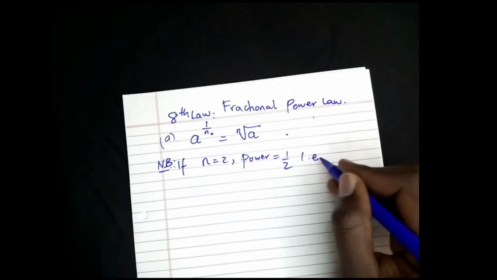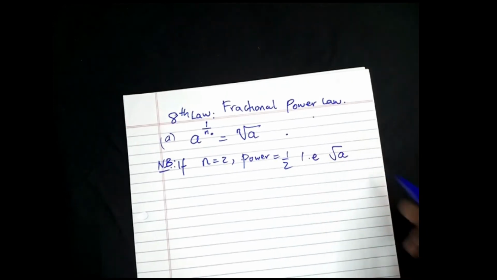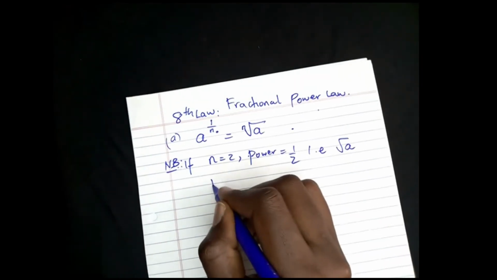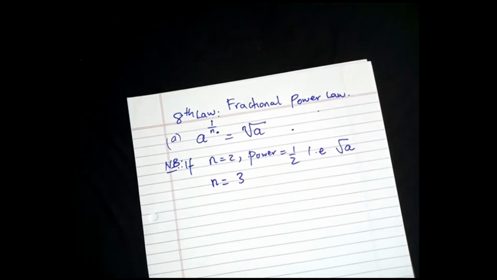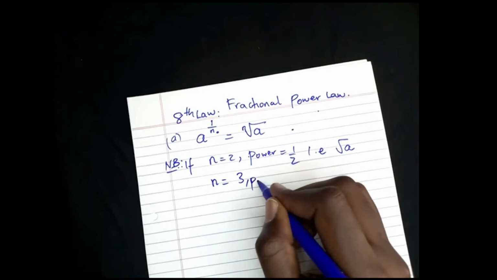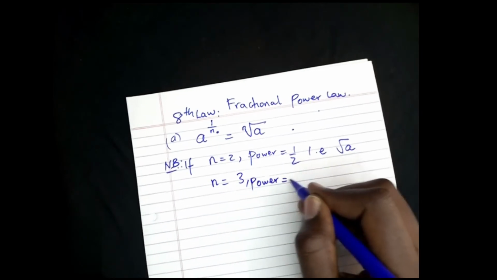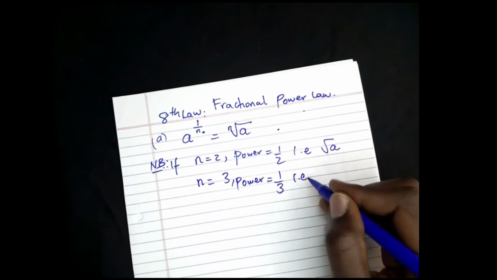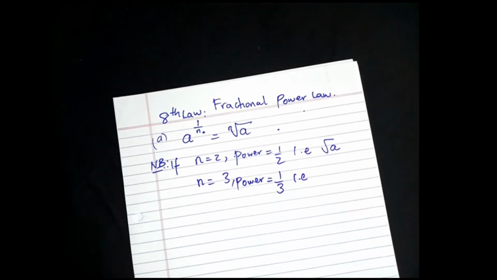That is the square root of a. If n is equal to 3, the power is equal to 1 over 3, which represents the cube root of the number. That is the cube root of a.